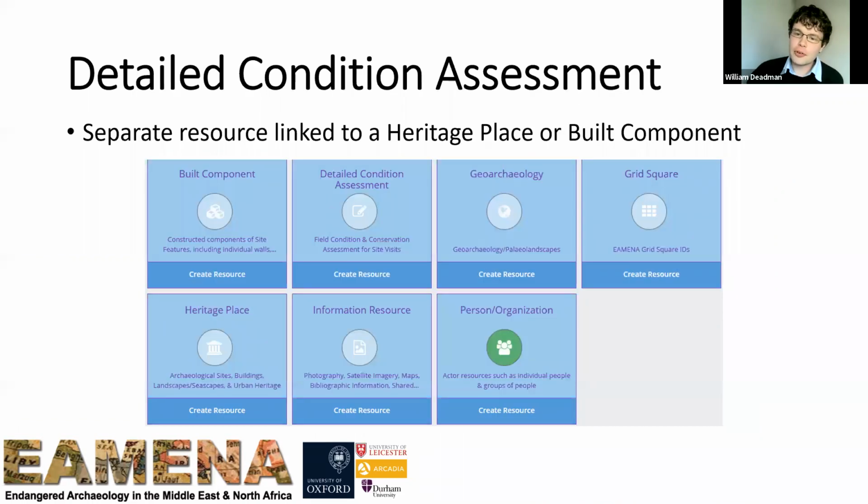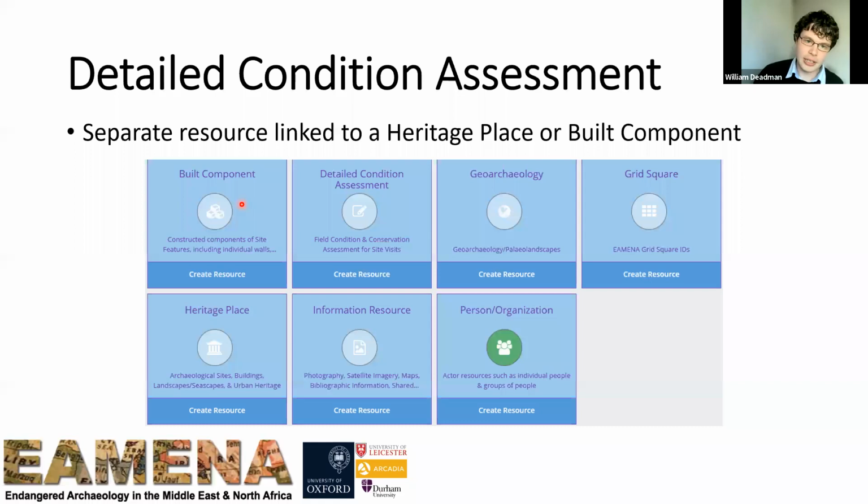As I briefly mentioned before, as well as this fairly rudimentary condition assessment data that I've just described, we can also do much more detailed condition assessments for heritage places or even built components. And these are a separate type of resource. All that data I was just showing you is actually recorded within heritage places, but you can do a much more detailed version if there's a particular site or a particular part of a site, a built component of a site that you want to record in great detail.